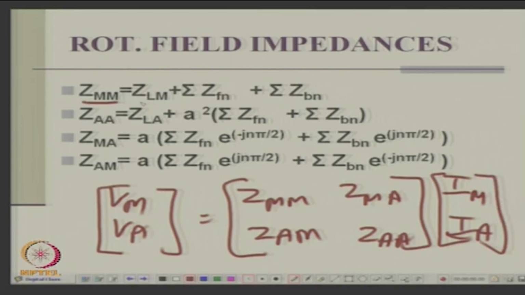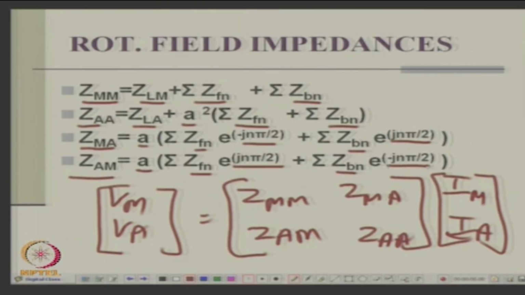Zmm was its leakage impedance plus Zfn plus Zbn, and Zaa will be Zla plus a square into the sum of Zfn, Zbn harmonics, where a is the turns ratio, and Zma is a into Zfn e to the power minus jn pi by 2 plus Zbn e to the power plus jn pi by 2. Okay. n is the harmonic number and pi by 2 because they are displaced by 90 degrees electrically, and Zam is the same, Zam is Zma conjugate, because Zfn e to the power minus jn pi by 2 becomes plus jn here, and this will be Zbn e to the power minus jn pi by 2.